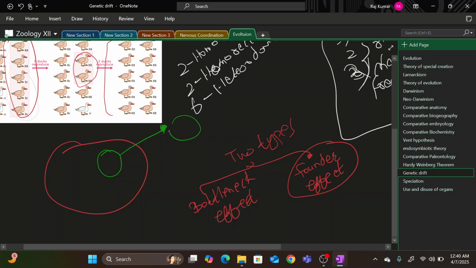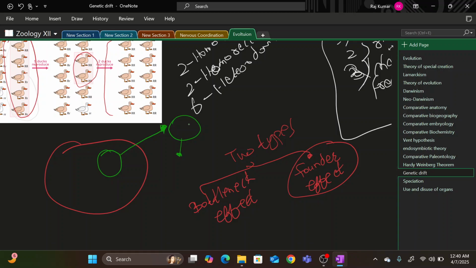That small population usually consists of a few founding members, or even a single fertilized female can be the founder of this new population and can serve as the parent of all the generations and the traits.